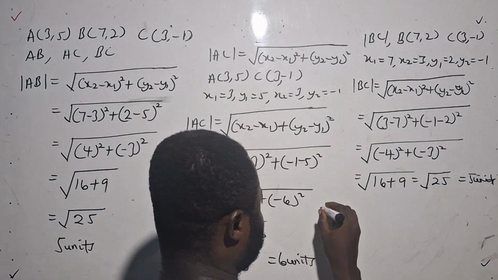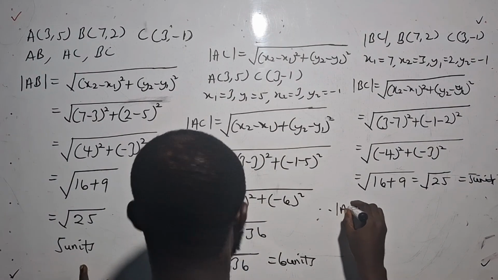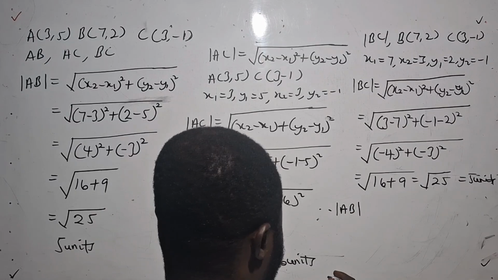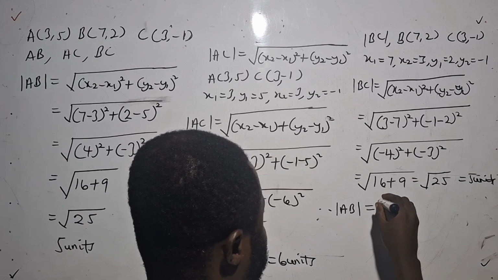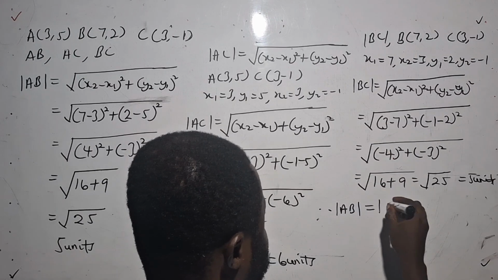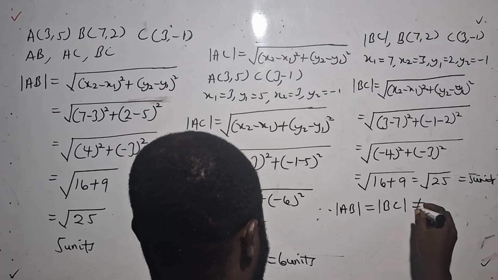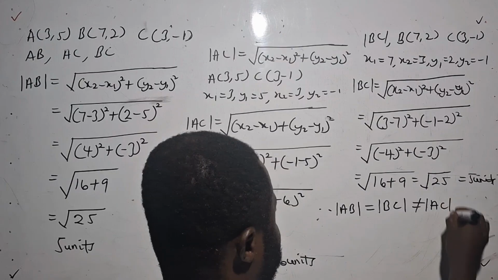So therefore, line AB is equal to line BC, which is not equal to line AC.